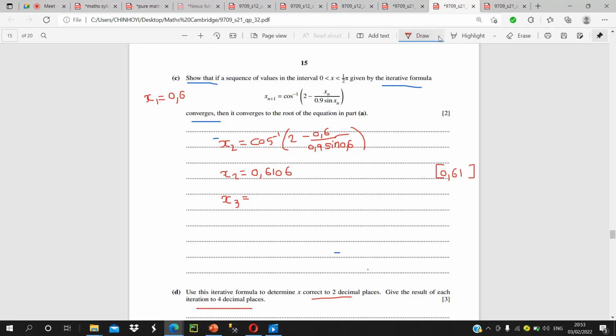Go and substitute the value with 4 decimal places: arccos of 2 minus 0.6106 divided by 0.9 times sine 0.6106.